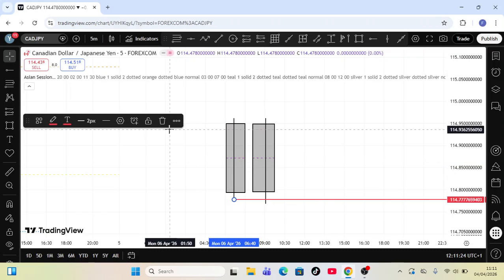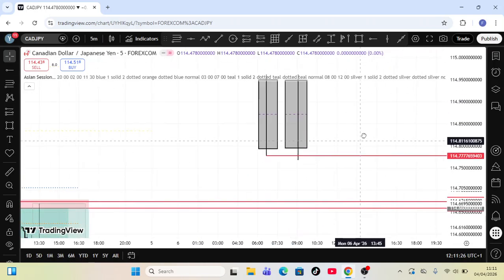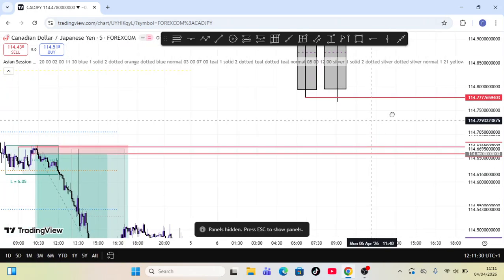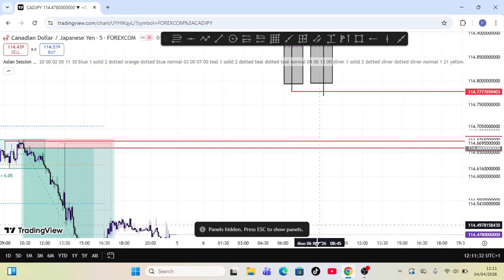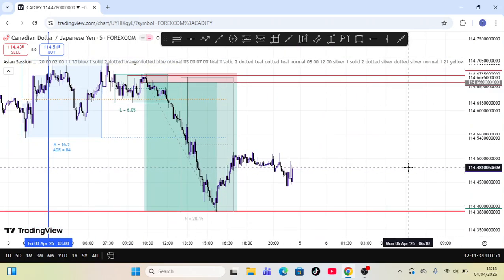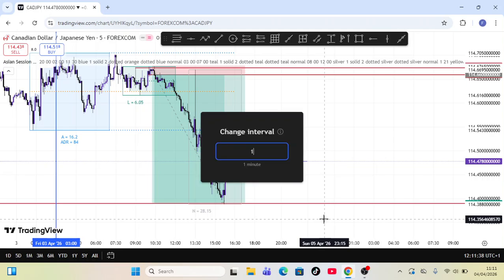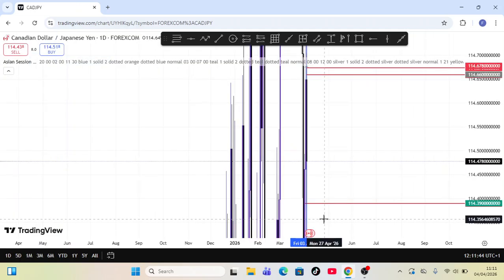And before you move to your 1 hour time frame, you go to your daily time frame. You see the direction of the market.